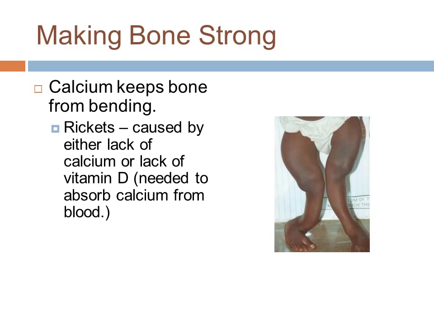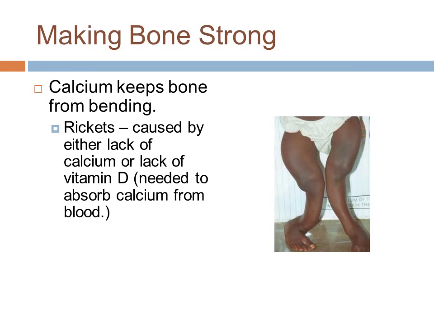Consider this picture. This unfortunate individual has a case of what we call rickets. In this case, the bones of the legs are so deformed because they cannot support the weight of the person. The calcium is either lacking, either their diet is poor in calcium, or they're lacking vitamin D, because you need vitamin D to absorb calcium from the blood.